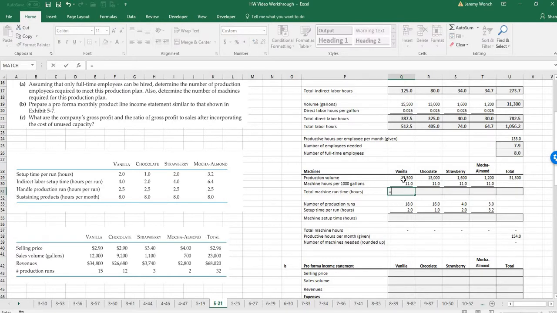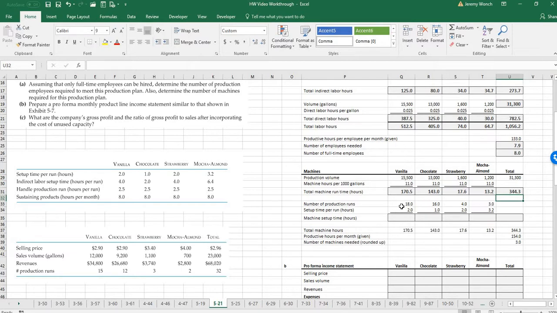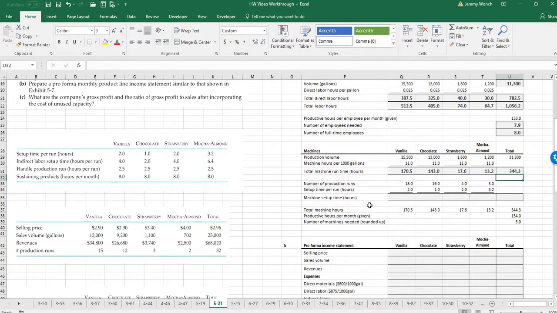So if we take our total gallons, divide it by 1,000, because it's 4,000 gallons, multiply it times the machine hours. Put in our total. So that's the total machine run time.